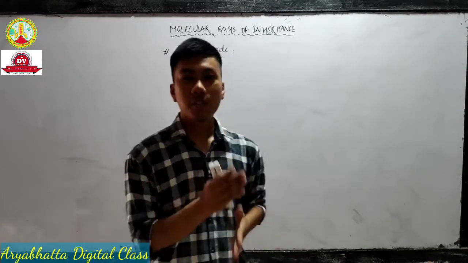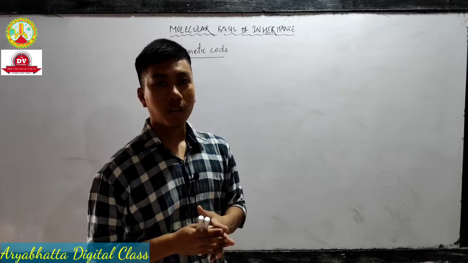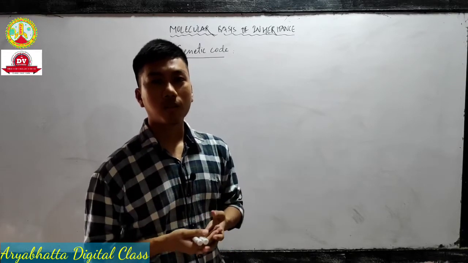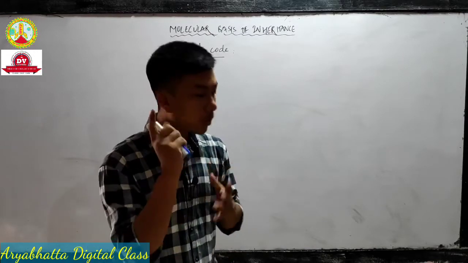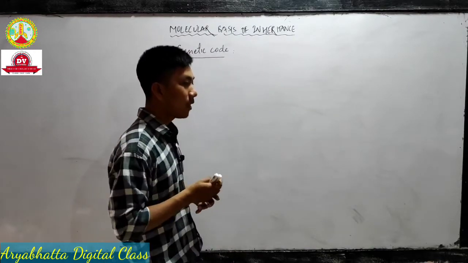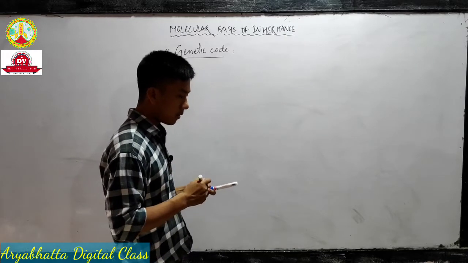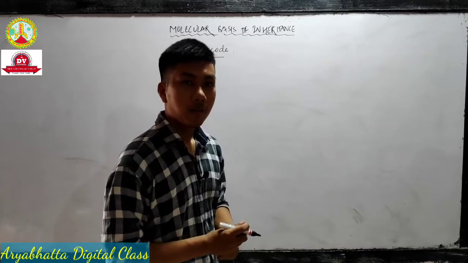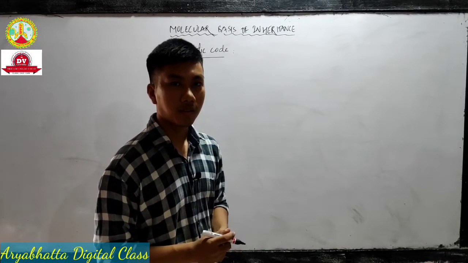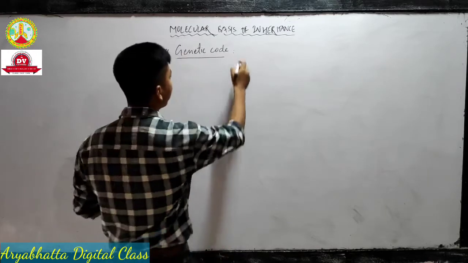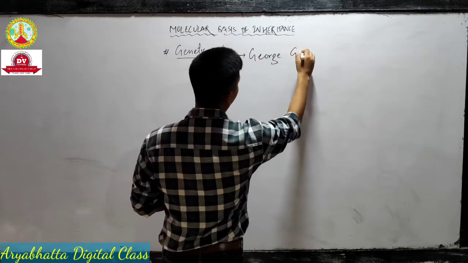So for genetic code, we need to see some important features, along with what the genetic codes are, which codes they are going to carry, and who is going to carry them, the mRNA. So first of all, important features. Now genetic code was first discovered by a scientist, George Gamow.